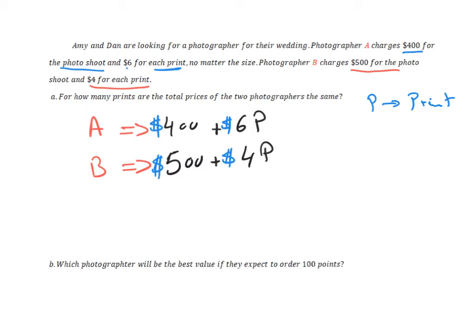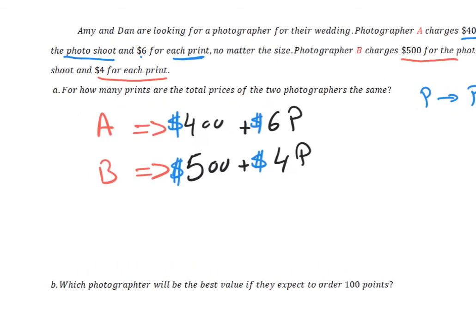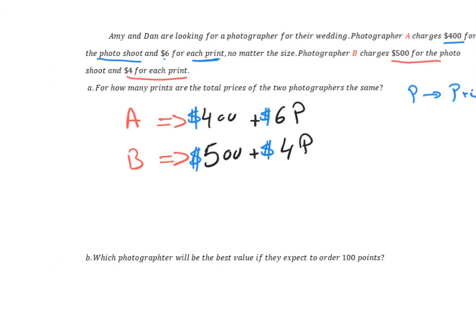And the question is, for how many prints will the total prices of the two photographers be the same? In order for photographer A to be the same as photographer B, both expressions will be equal to each other. So 400 plus 6p should equal 500 plus 4p.